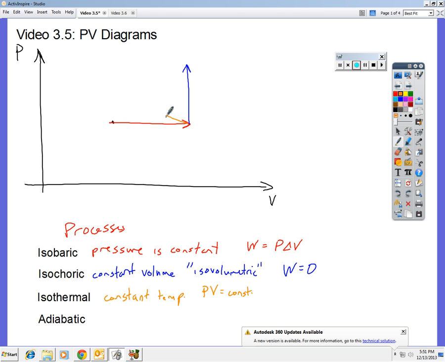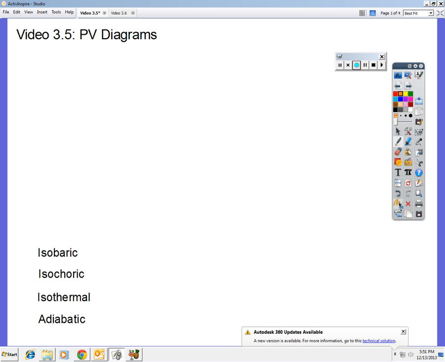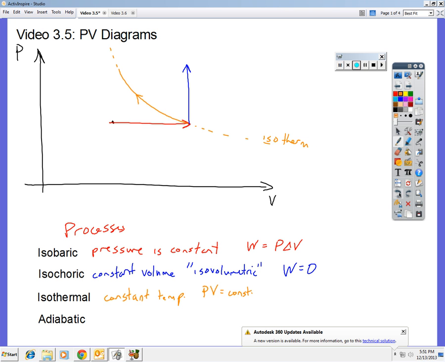Basically, it's y equals 1 over x. And we call the line of all points that have the same temperature an isotherm. Okay, there we go. Because you've got constant temperature, one consequence is that the change in internal energy, which is related to temperature, is zero. So if the temperature stays constant, your internal energy stays constant as well.